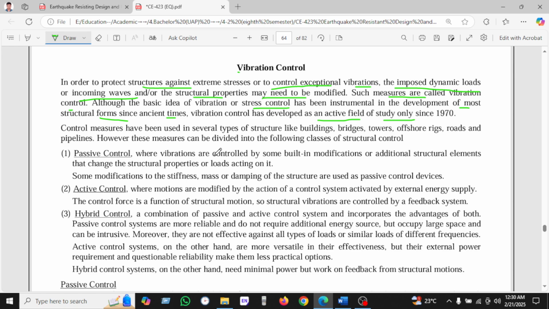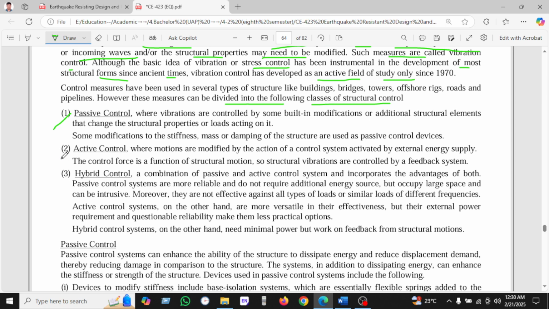However, the measures can be divided into the following classes of structural control. Number 1, passive, active, and hybrid. Passive, where the vibrations are controlled by some building modification or additional structural element that changes the structural properties or load acting on it.